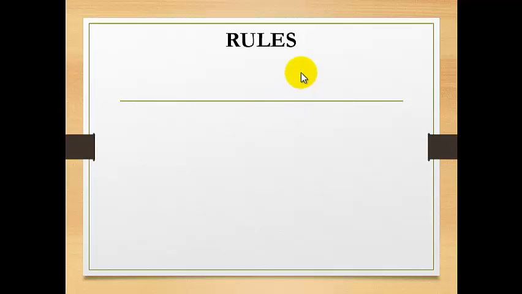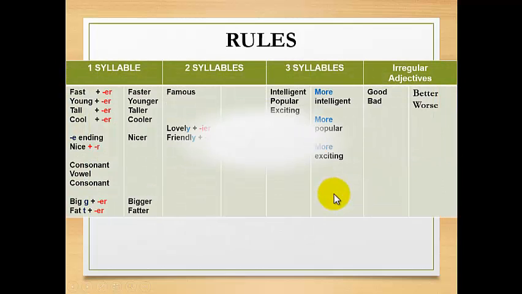There are specific rules for comparatives, and I'm going to show you a table. It's important that we identify the adjectives and how many syllables an adjective has.